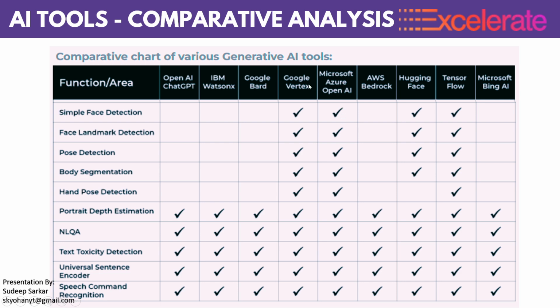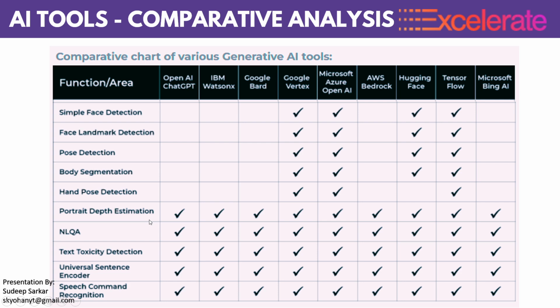The things which require a bit more complexity, mostly in the image part, can be done by tools like TensorFlow and Hugging Face. These can do simple face detection, face landmark detection, pose detection, body segmentation, hand posture gesture. These require convolutional neural networks, which are a subtopic in deep learning. So these things can be done using these particular AI tools.